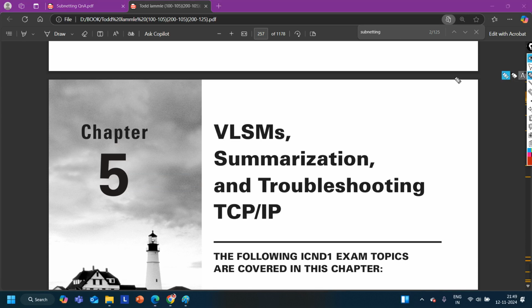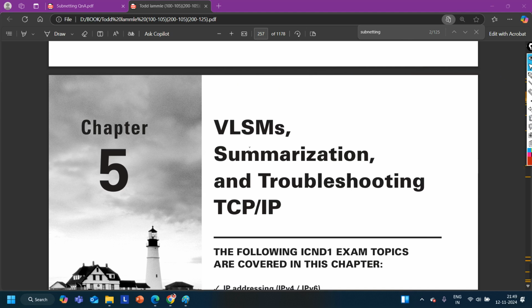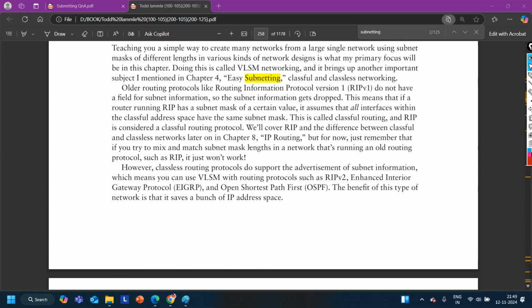Every time between the routers, we will be using slash 30, because here we get only two IP addresses. The formula to find valid hosts is 2 to the power h minus 2. Host bits over here is 2, so 2 to the power 2 minus 2, 4 minus 2, is 2. Two valid IP addresses are there with slash 30, and between router R1 and R2, I need only two IP addresses.